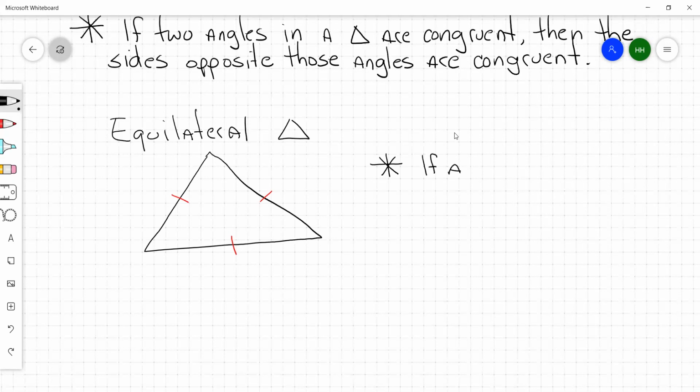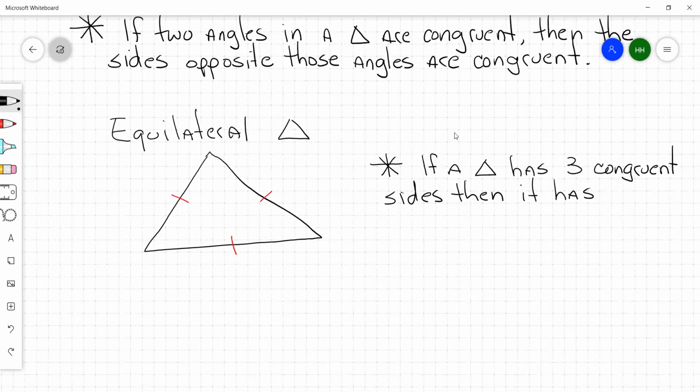If a triangle has three congruent sides, then it has three congruent angles.